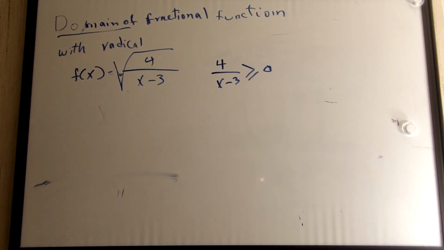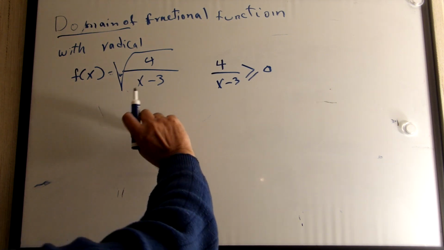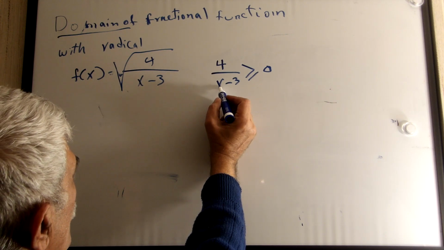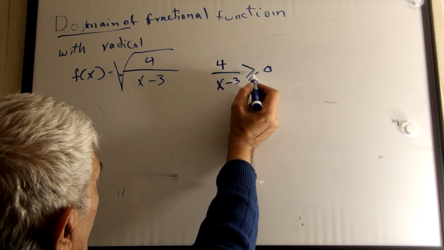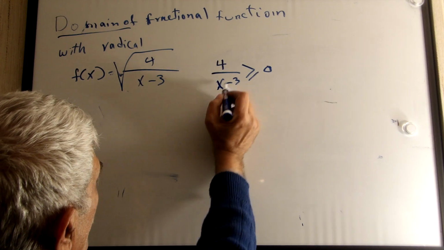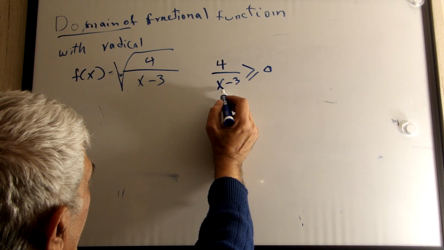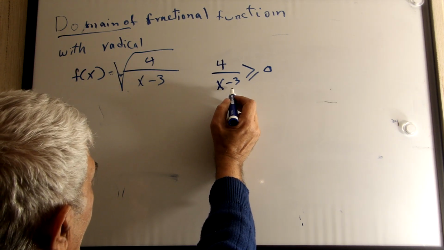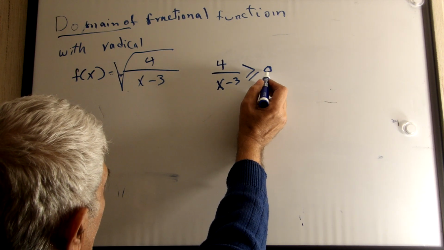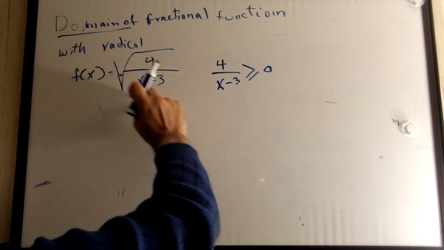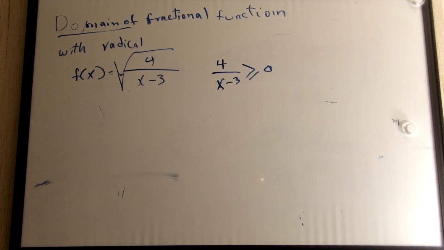So what we do, see here, you're gonna use this logic that this is a positive number, and this should be a positive number, so the whole thing could be greater than or equal to 0. If this was a negative number, a positive number divided by a negative number is going to be negative, so it's going to be less than 0. But we assume that the whole thing is going to be greater than or equal to 0.